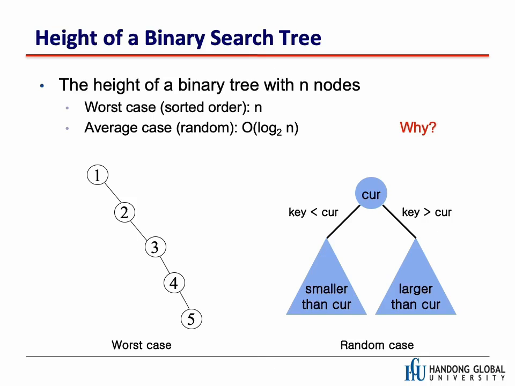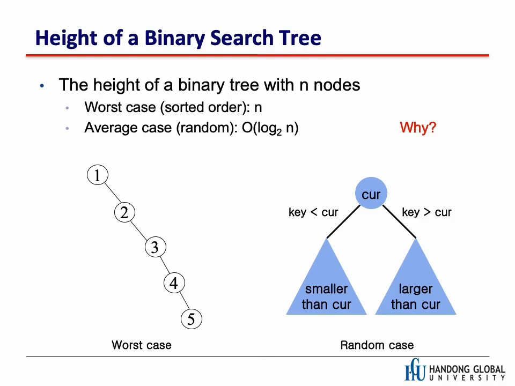But on average, the depth of this tree is log n, because when we increase the depth, we can have twice as many nodes as before, right? So given the number of nodes n, the average height of the tree would be log n. Then the computation cost depends on log n, basically.